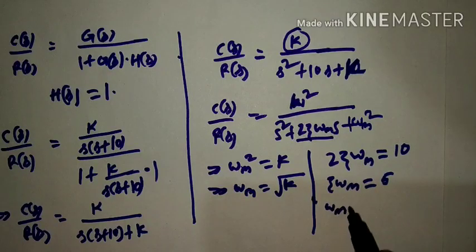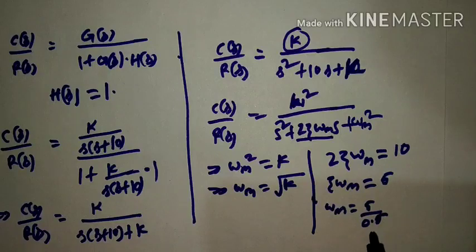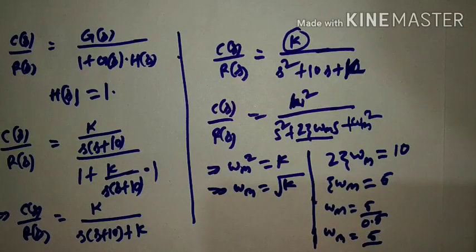So omega n is equal to 5 by 0.5. Omega n is equal to 5 by 0.5, which is 10. Okay, I will take another sheet.